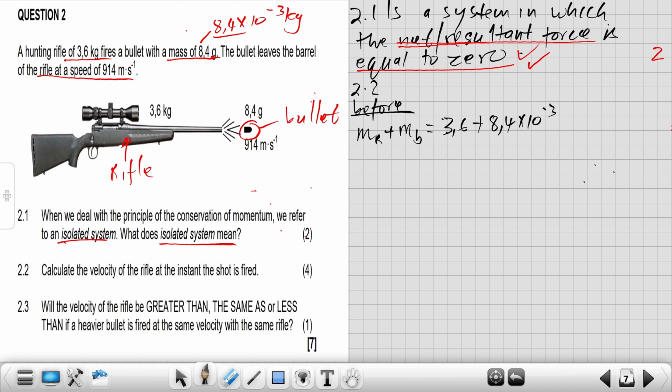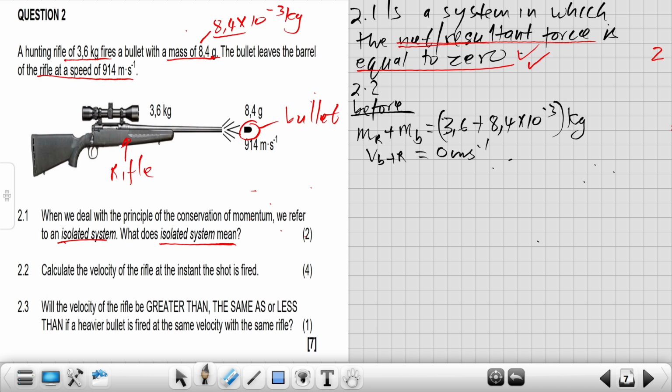So that is what I am going to work with. That is the first thing. Do I know something about the velocity of the rifle and the velocity of the bullet before? Yes, I know that V of bullet plus V of R is equal to 0 meters per second.